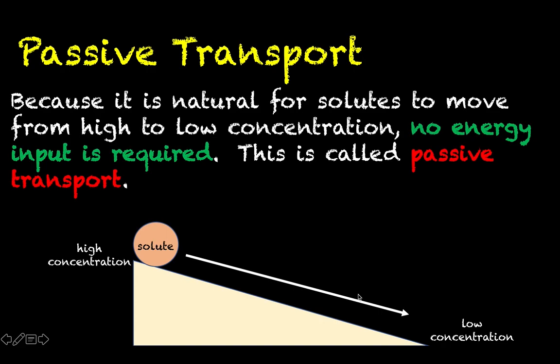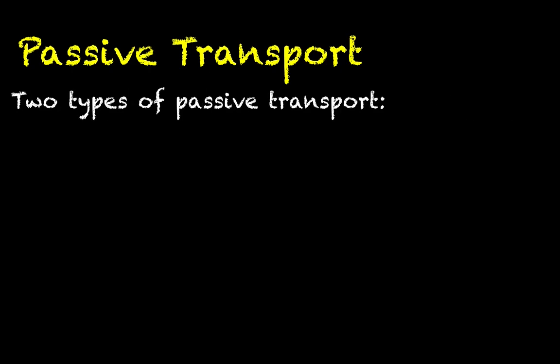Passive transport does not require energy input. Simple diffusion and other types of passive transport that we will talk about do not require any energy input because it is just the natural inclination of these solutes to want to move from areas in which they're very highly concentrated to areas in which they're very lowly concentrated.